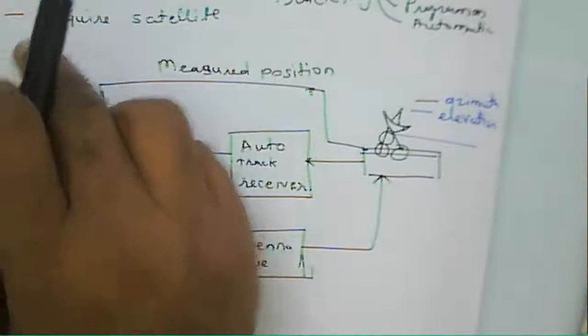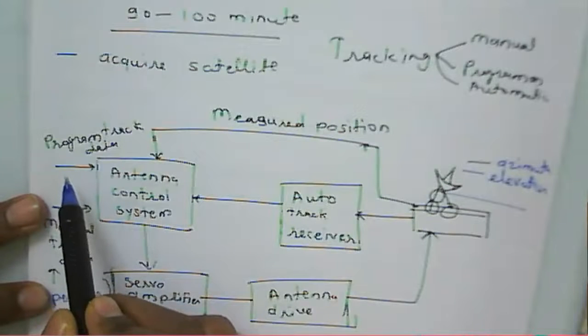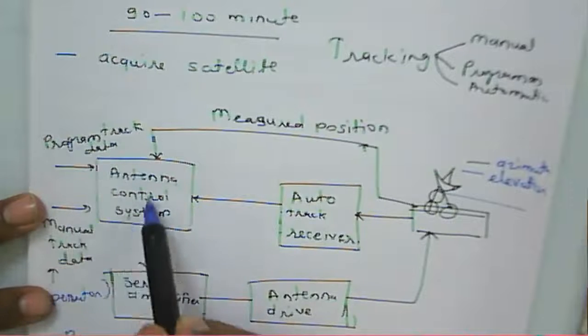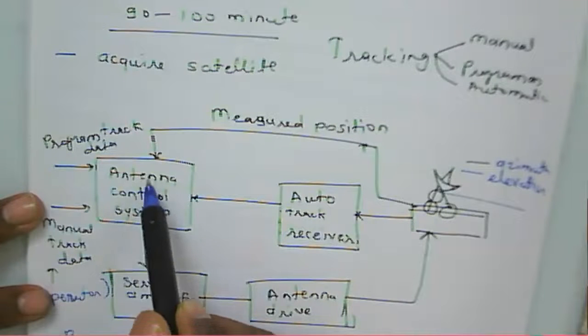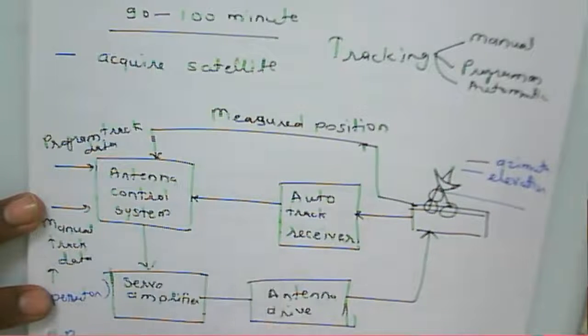One particular file is to be fed, in which the position of the satellite is given as program data. When that file is given as input to the antenna control system, it will control the antenna and track the satellite.